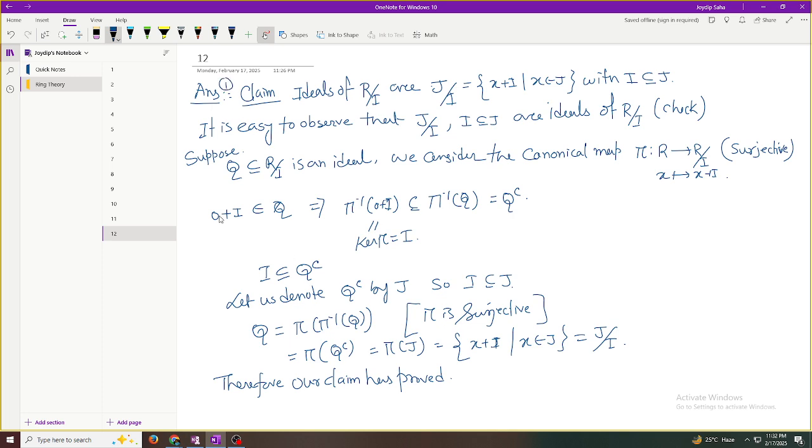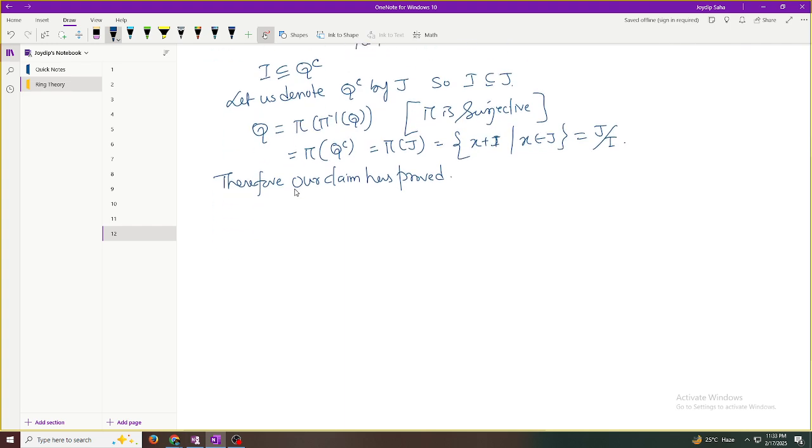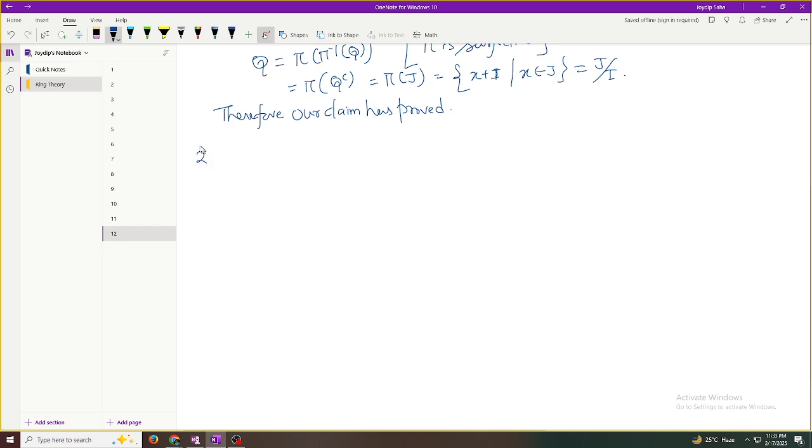Number 2. Spec(R mod I) is exactly the set of P mod I such that I is a subset of P and P belongs to Spec R. Let Q belong to Spec(R mod I).